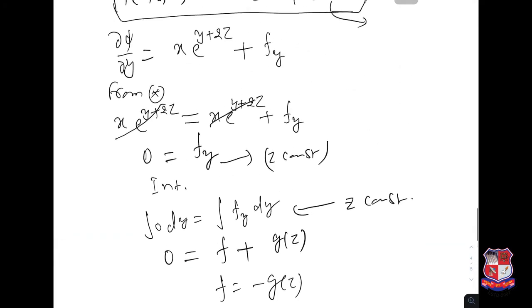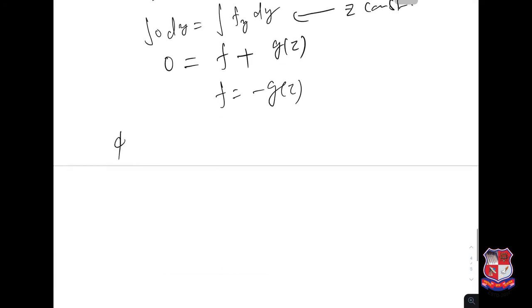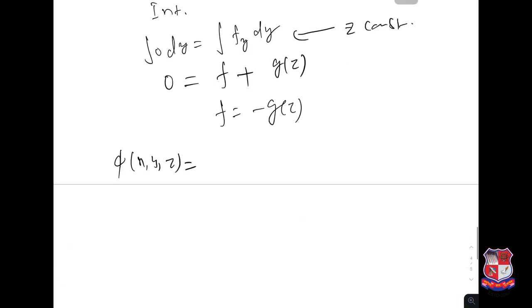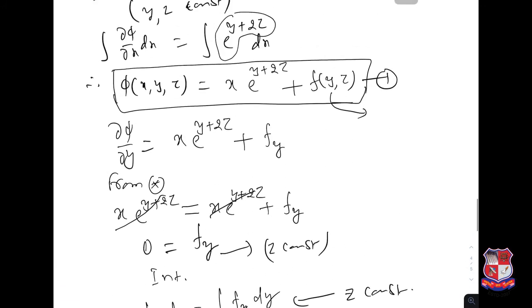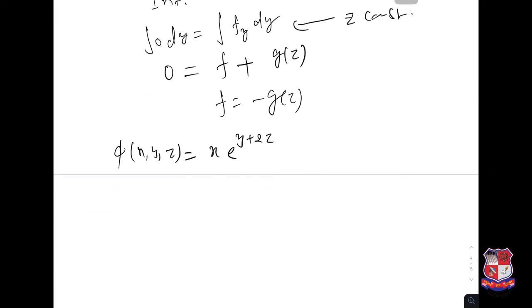So now from 1 we write our phi, a little refined now. So phi of xyz equal to x e power y plus 2z, but f of yz is what? Minus gz. We can write minus or even plus gz also, because ultimately it matters which side you are writing.